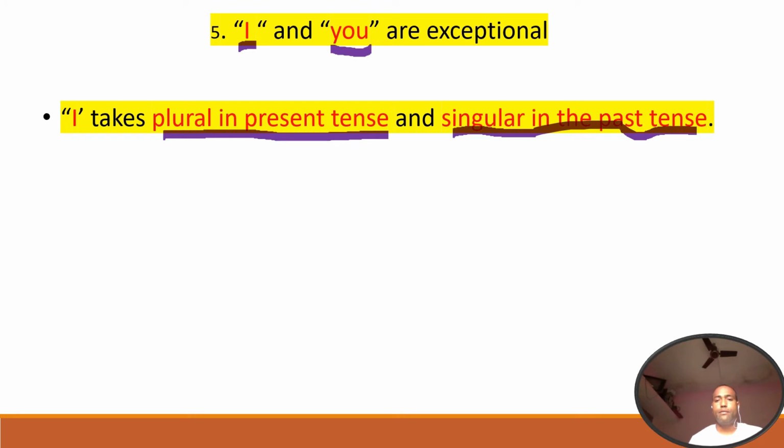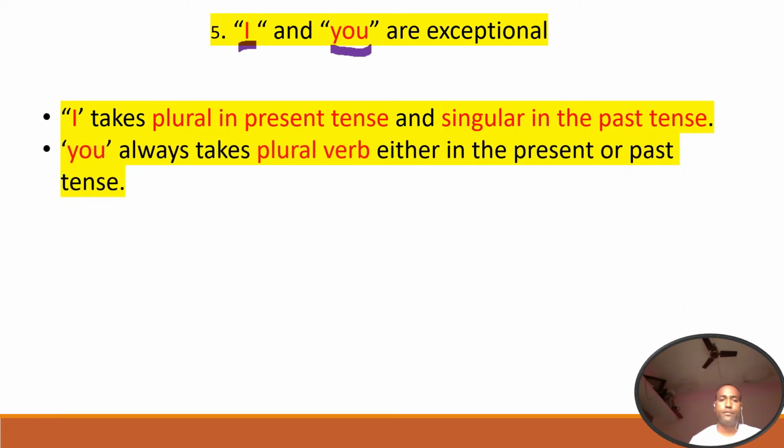Again, note it. "I" takes a plural verb in the present tense. If you are in the present tense, then "I" takes a plural verb. But whenever in the past tense, "I" takes a singular verb. Okay, now we'll see examples for that.